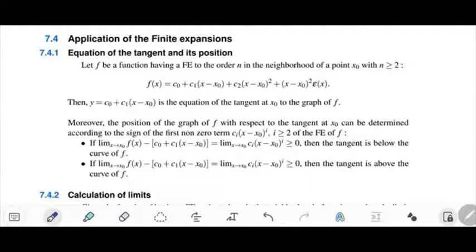Now, for the final paragraph of this chapter, I will talk about how to apply the finite expansions to find some interesting things. First, the first application is to calculate or to find the equation of a tangent.